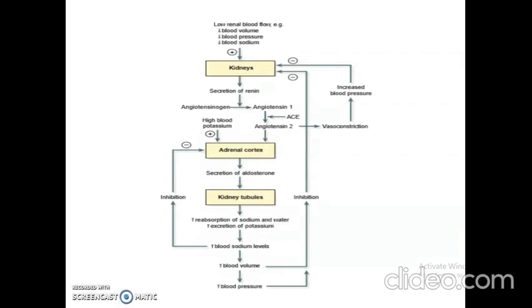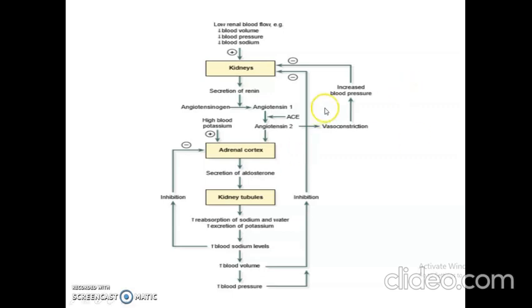So let us discuss renin. As already explained, one of the important enzymes secreted by the kidney is renin. It is actively involved in regulation of blood pressure. Let us discuss the feedback mechanism when there is a release of renin from the kidney cells.